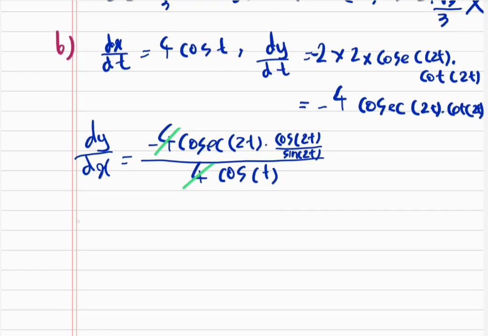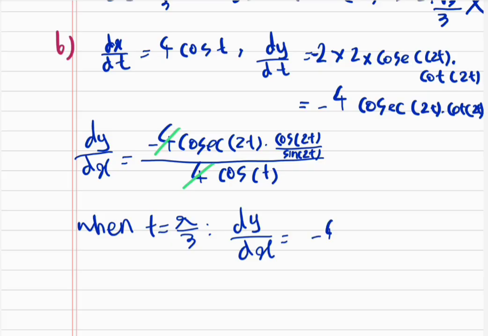to pi over 3. So when t is equal to pi over 3, dy/dx is equal to, if you substitute that into this very long function, we'll get negative 4 over 3, but we also have a negative here, so it's basically 4 over 3 for the value.